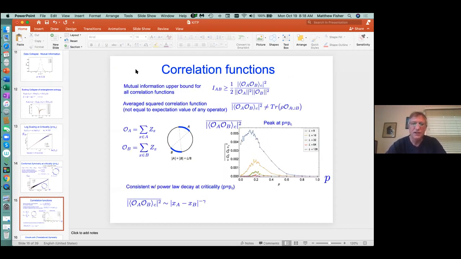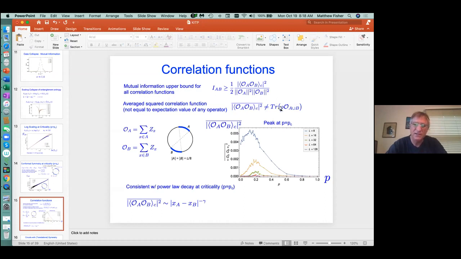In addition to the mutual information, one can look at correlation functions, which are upper bounded by the mutual information. So in particular, we can define in these regions A and B the total Z component of spin and look at an average squared correlation function.